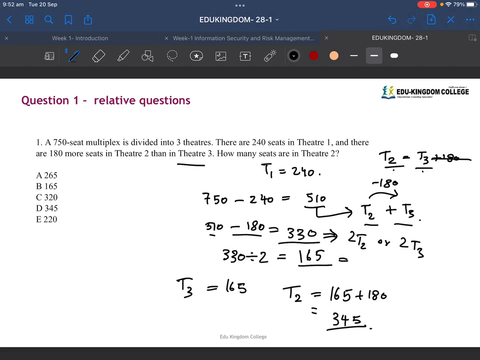After we found 165, we realized that T2 in reality has 180 more than T3. So that's why we added 180 to T2's equal share of 165 to get 345. And that's why the option is D.